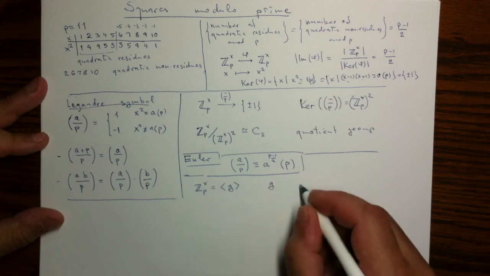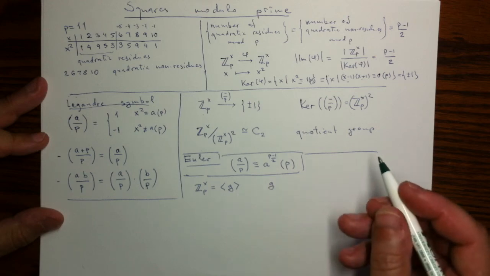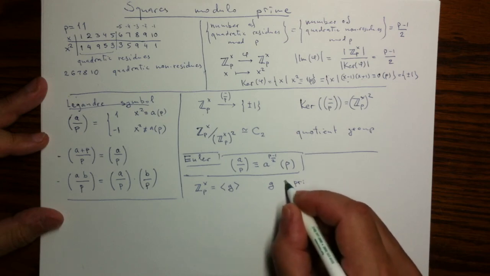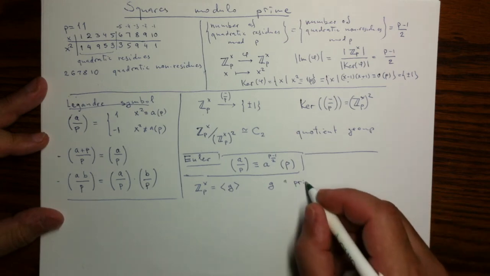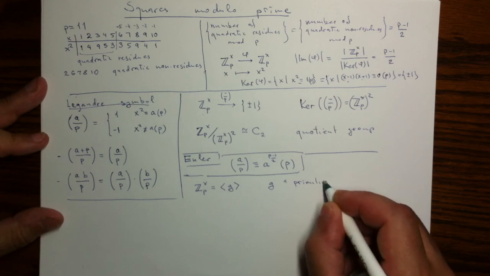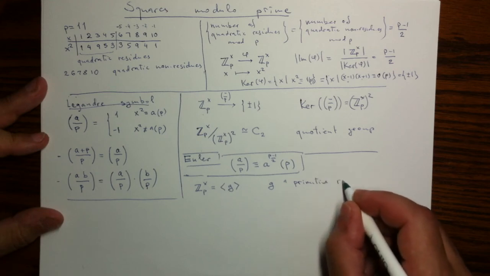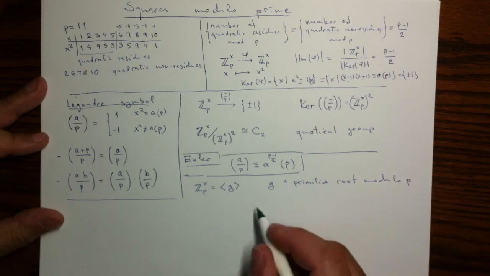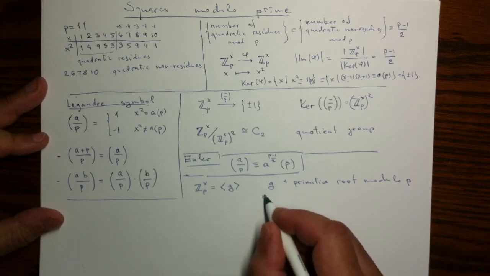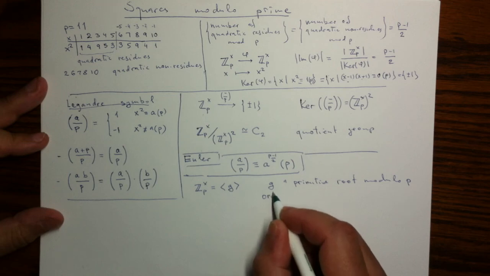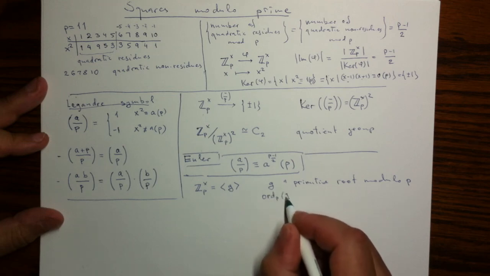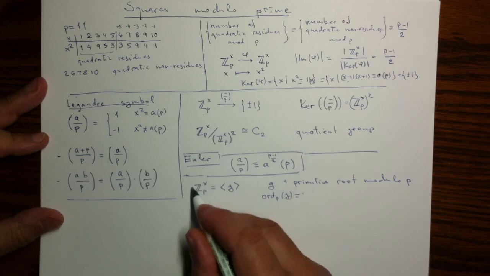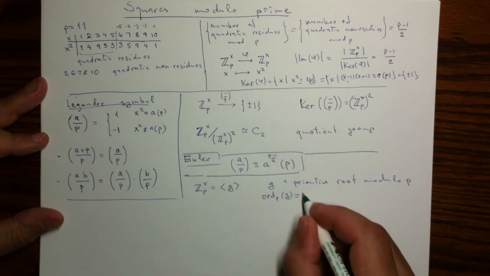That single element is called a primitive root modulo p, because there are usually many. In the language of group theory, it's just an element with multiplicative order, in this case mod p, equal to the order of the group, which is p minus 1.